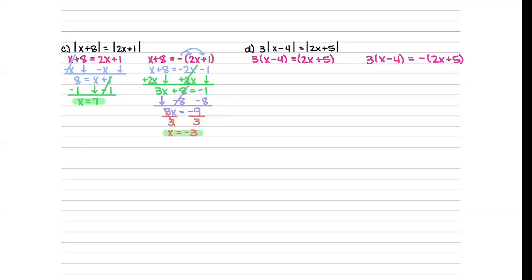So I'm going to work with my equation that's on my left first. So the 3 times (x minus 4) is equal to 2x plus 5. I'm going to start by distributing the 3. So this is going to leave me with 3x minus 12 is equal to 2x plus 5. From here, I'm going to subtract my 2x from each side.